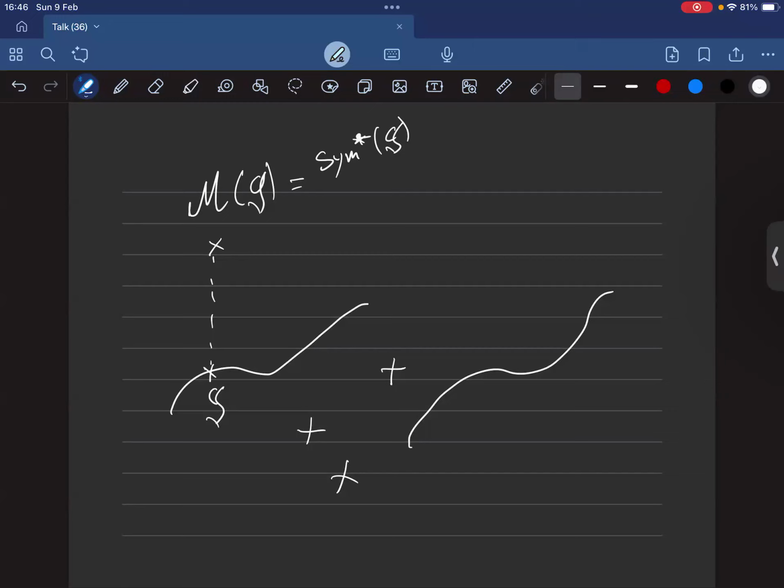At the Lie algebra level, these are bilinear symmetric forms which are non-degenerate. And the moduli space is given by taking these bilinear forms up to the action of the automorphism group of G.